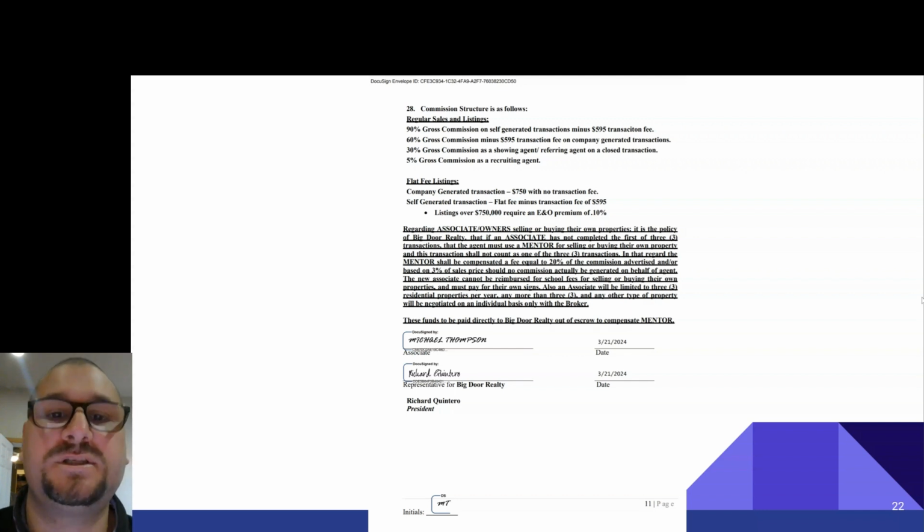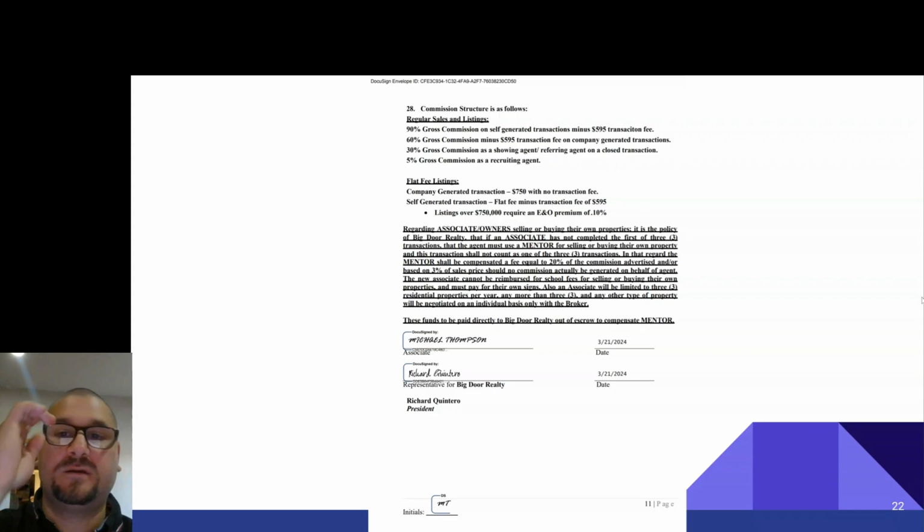So regarding associate owners selling or buying their own properties, it is the policy of Big Door Realty that if an associate has not completed the first of 3 transactions, the agent must use a mentor for selling or buying their own property, and this transaction shall not count as one of the 3 transactions. Right? It doesn't count.